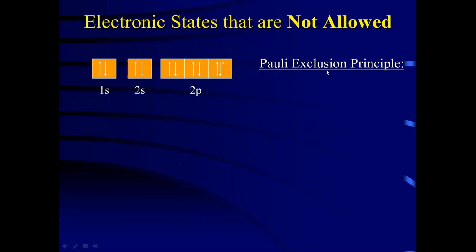According to the Pauli exclusion principle, it's not possible to fill two identical electrons into the same orbital. In other words, it's not possible that two electrons have the same four quantum numbers.